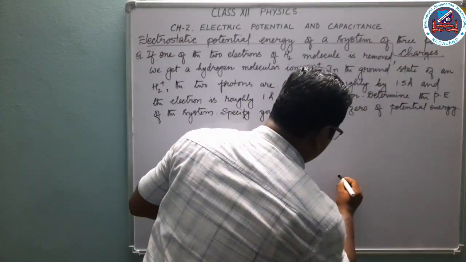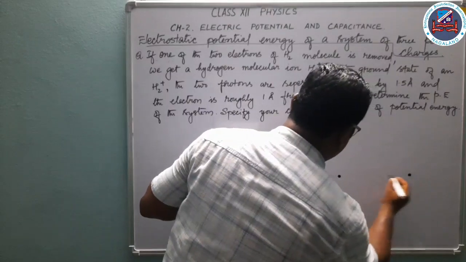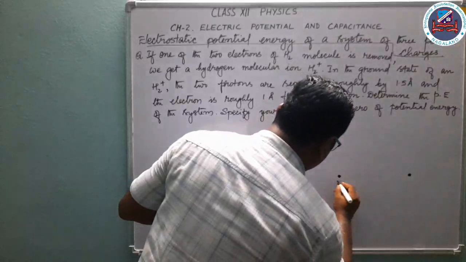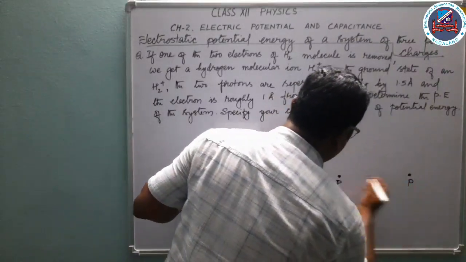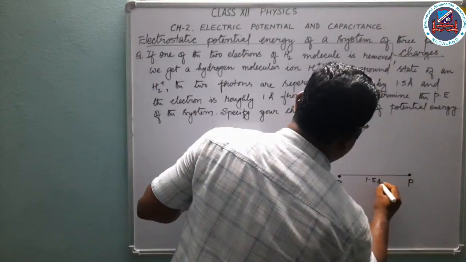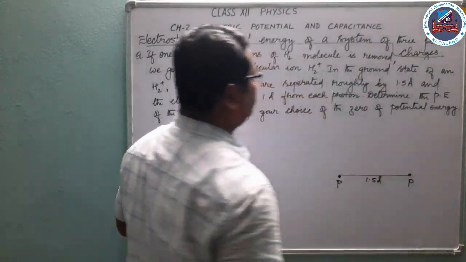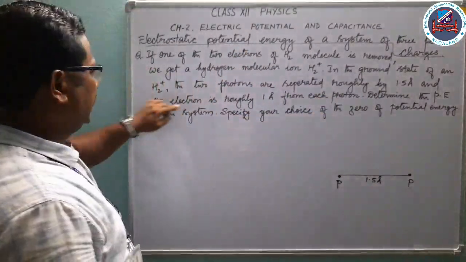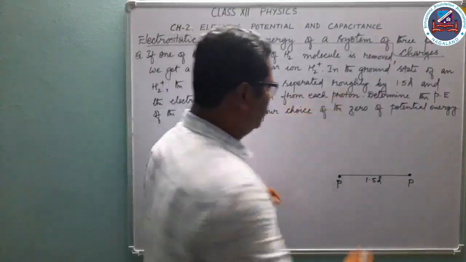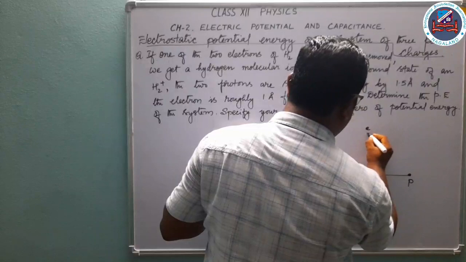These are the two hydrogen ions. Two protons. Let us take P as proton. They are roughly separated by around 1.5 angstrom unit. And the electron is roughly 1 angstrom unit from each proton. Let us take the electron here.